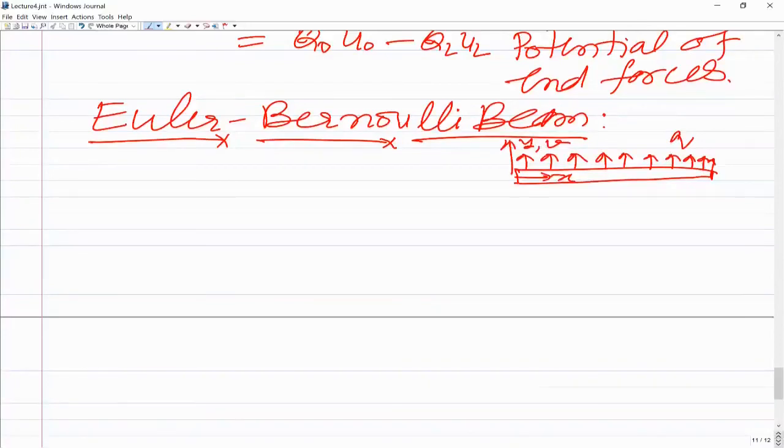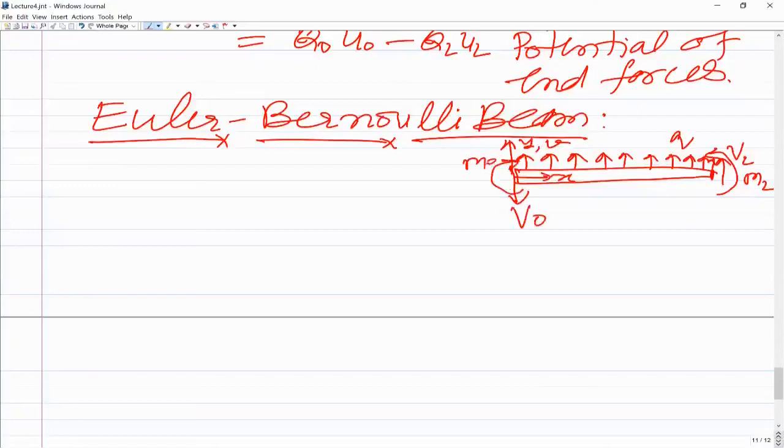At the ends there could be shear forces and bending moment, which could be zero or non-zero depending on the specific boundary condition, but right now I'm taking a general case. Let us say the shear force at the end is capital V l, and the bending moment is M l. On the left side, the outward normal to the cross section is along the negative x direction, so the positive shear force would be along the negative y direction, say V naught, and the positive bending moment would be about the negative z axis, say M naught. So this is the whole problem.